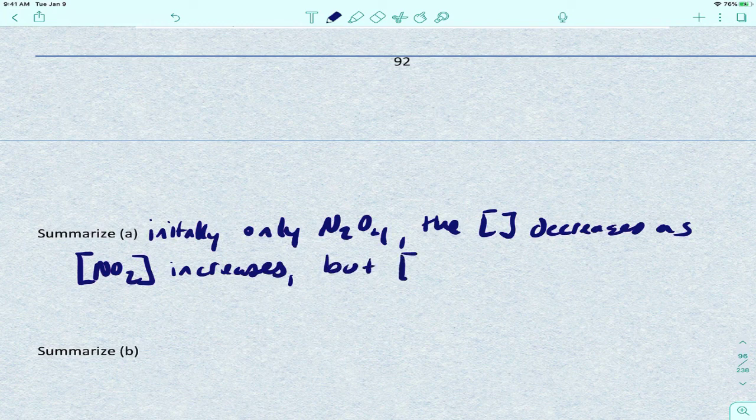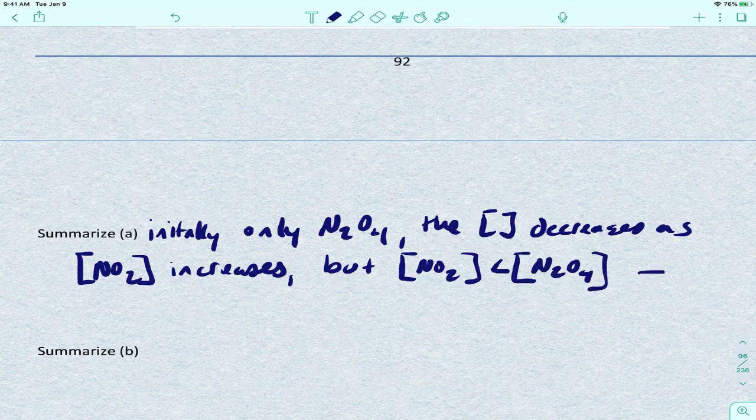But the concentration of NO2 is less than the concentration of N2O4. And so at that point, the concentrations level off.